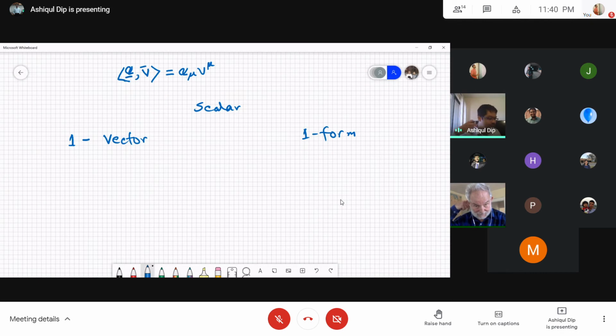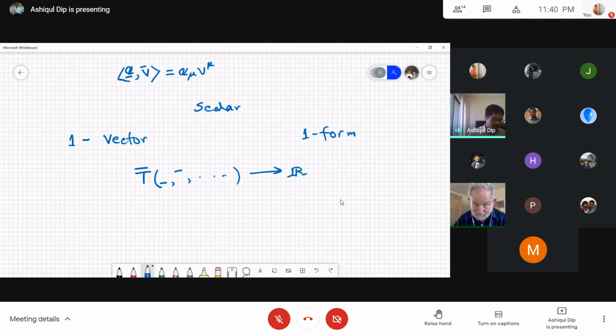Now we are going to define a tensor more generally. Mathematically speaking, a tensor is an object that has many slots that can take either vectors or one forms, and when you fill up all the slots, it gives you a number. That's what a tensor is.